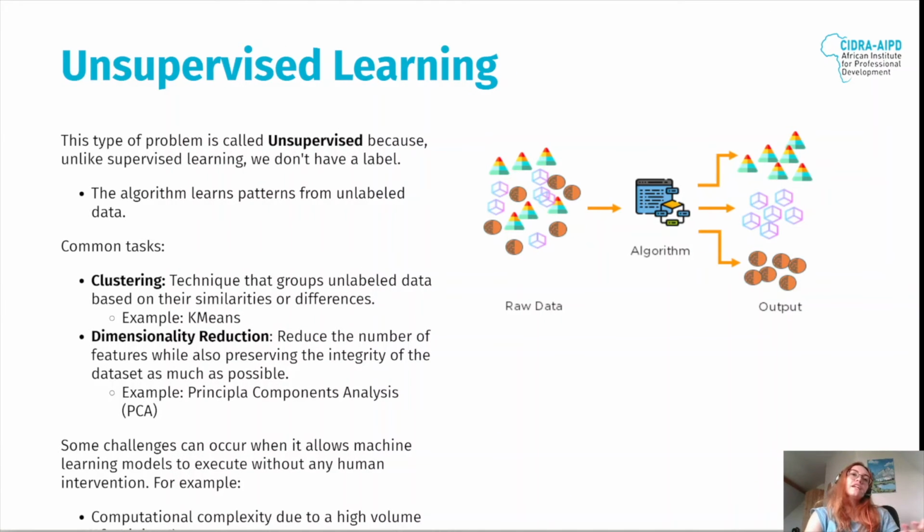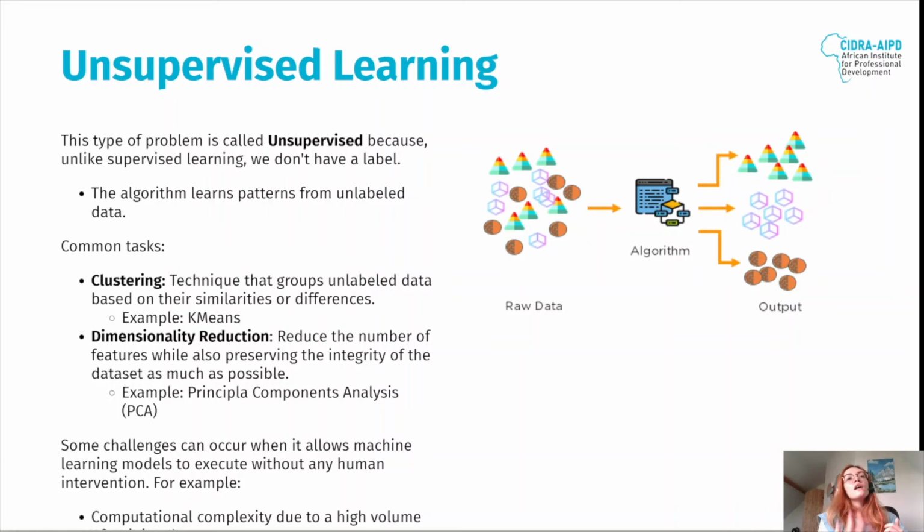Unsupervised learning. So we've been talking about supervised learning and their types of problems. And what characterizes supervised learning problems is the existence of a label, so the existence of the actual real classification value of the observation.